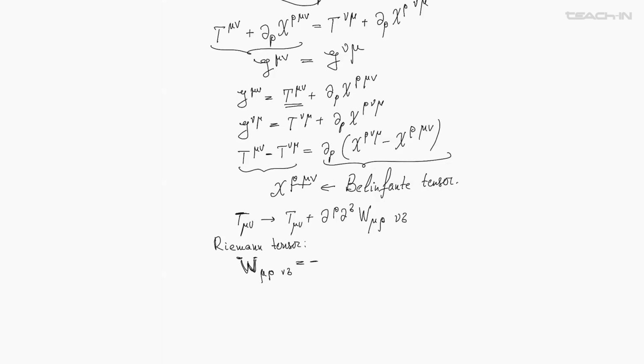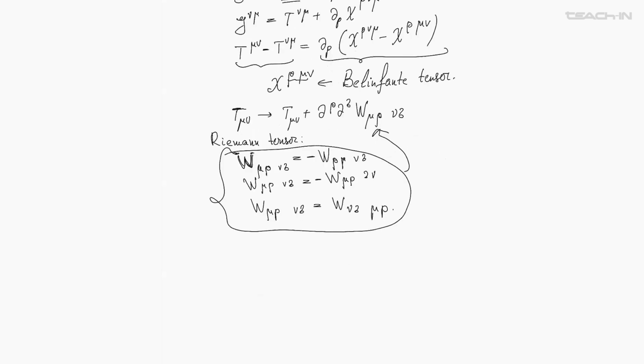It is skew symmetric with respect to the second pair of indices, so W mu rho sigma nu, and it is symmetric under simultaneous permutation of pairs of indices, so W mu rho nu sigma is W nu sigma mu rho. So if you have such a tensor and you add it with two derivatives on W, then you will still have a conserved tensor, and it still will be symmetric.